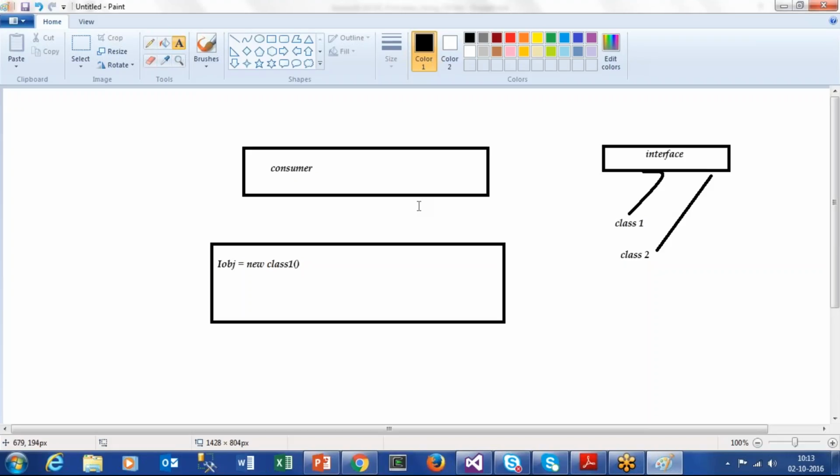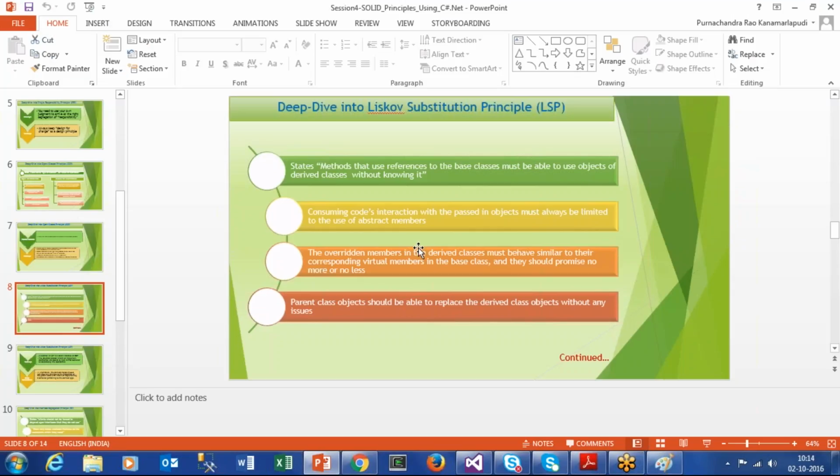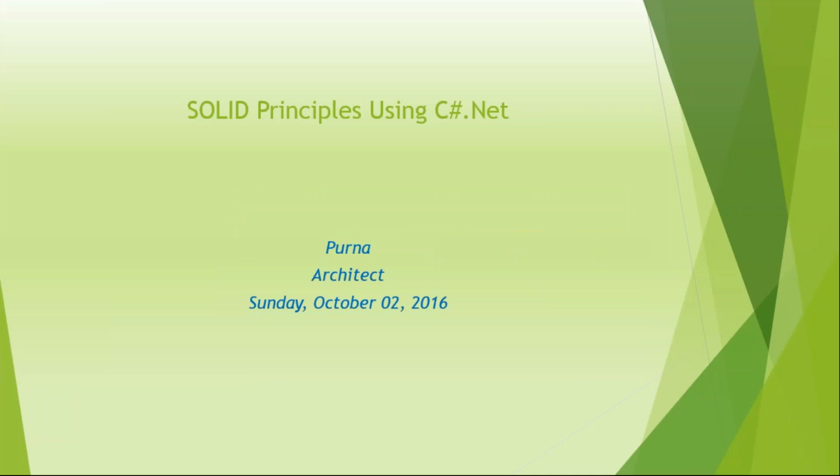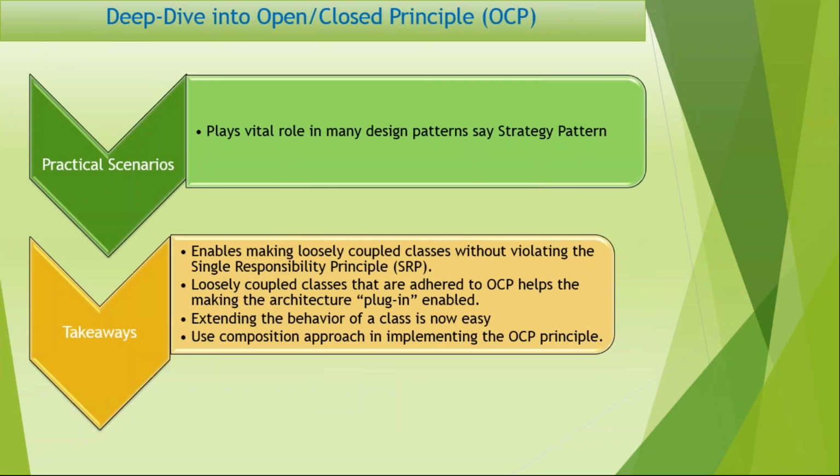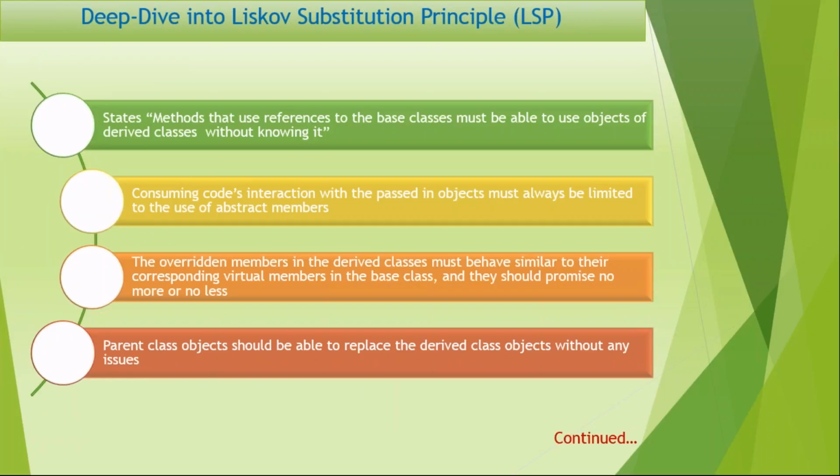That means your consumer should know only what it is intended to or what it is supposed to use in this class 1. And we will look into the code as well, so you will understand better.